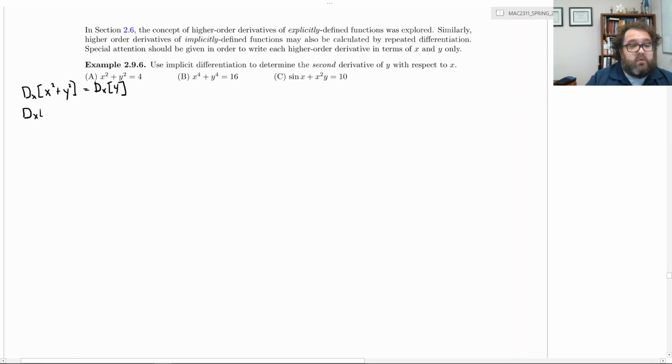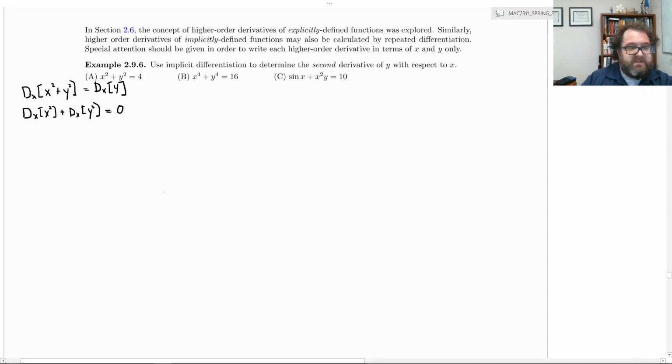So that gives us the derivative of x squared with respect to x, and the derivative with respect to x of y squared. And we can go ahead and say that the right hand side is 0 because the derivative of 4 with respect to x is certainly going to be 0.